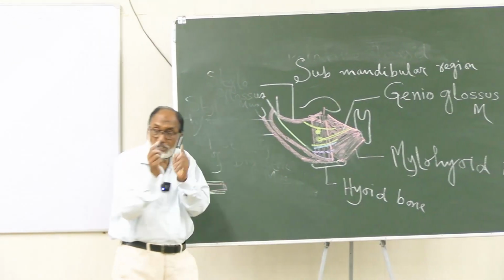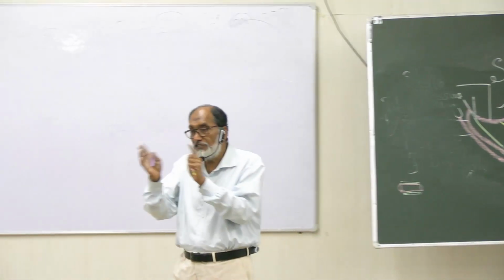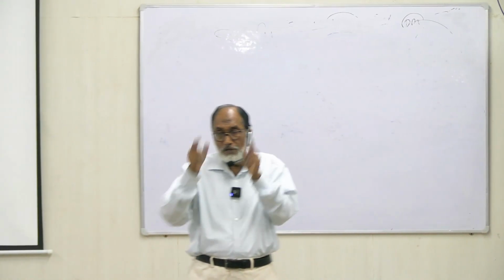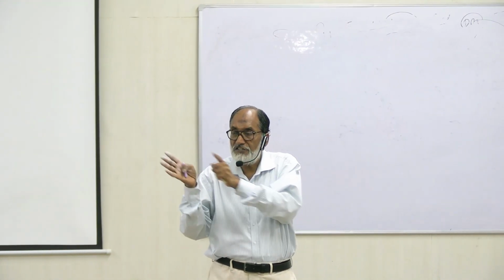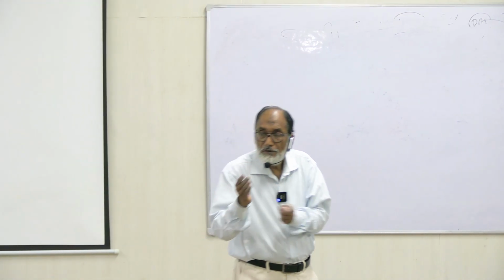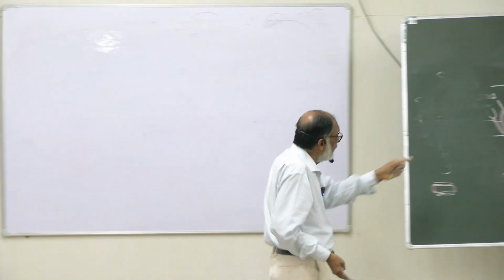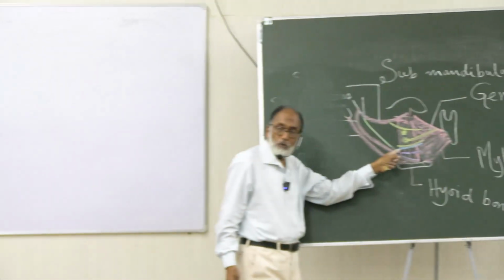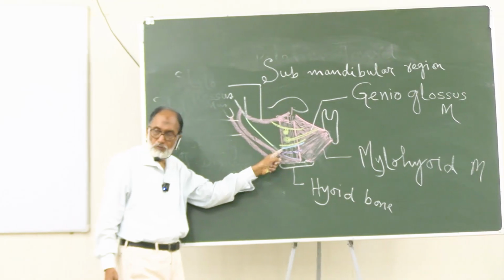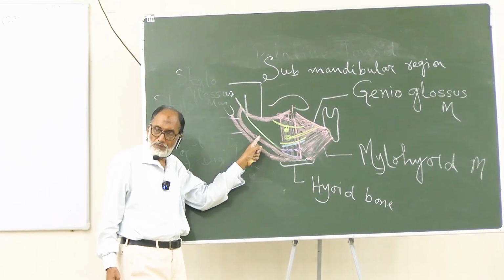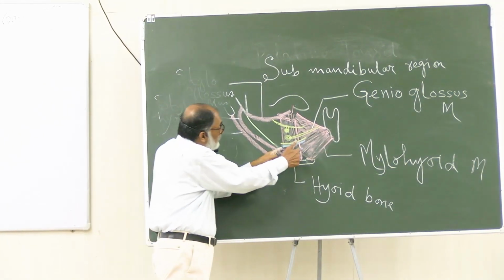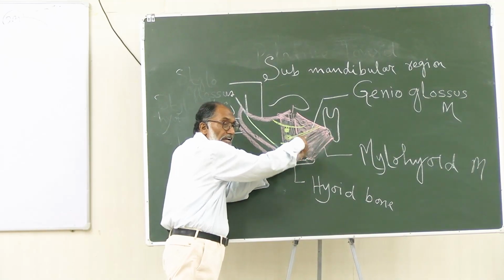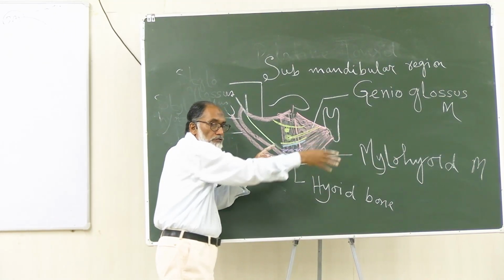And the hyoglossus muscle divides this artery into three parts. One is proximal to the posterior border of the hyoglossus. This is the first part. The second part lies deep to it, and the third part lies anterior to the anterior border of the hyoglossus muscle.